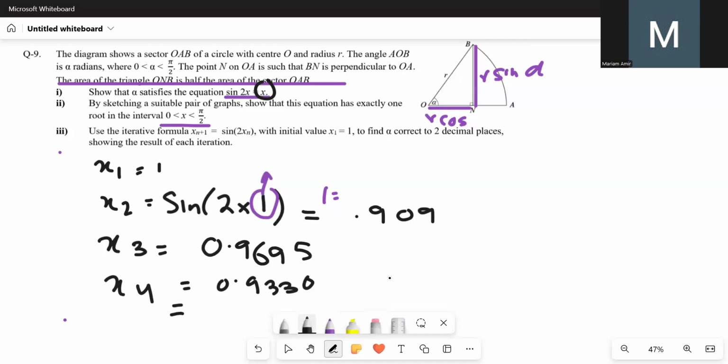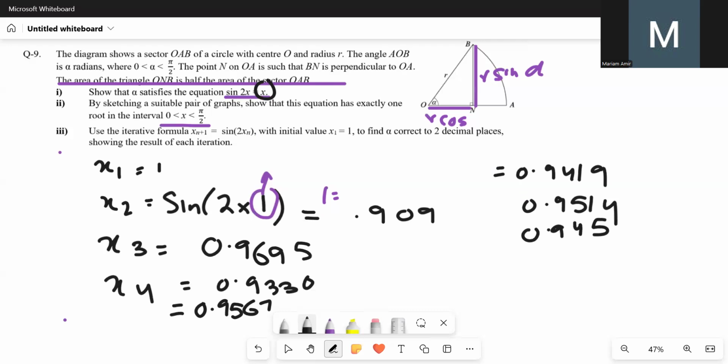Okay, next iteration is 0.9567. Press equals again. Next iteration is 0.9419. Next is 0.9514. Press equals again, 0.9453. Then 0.9492.